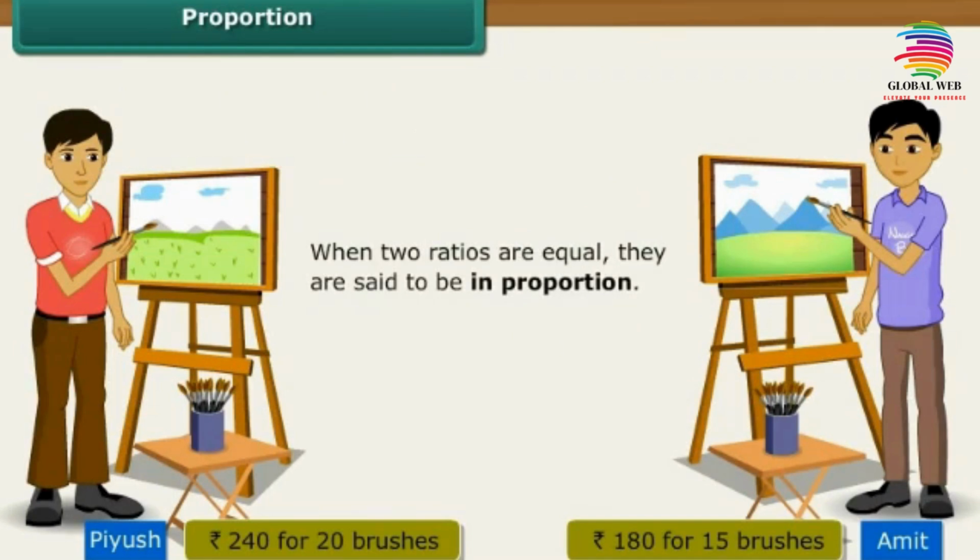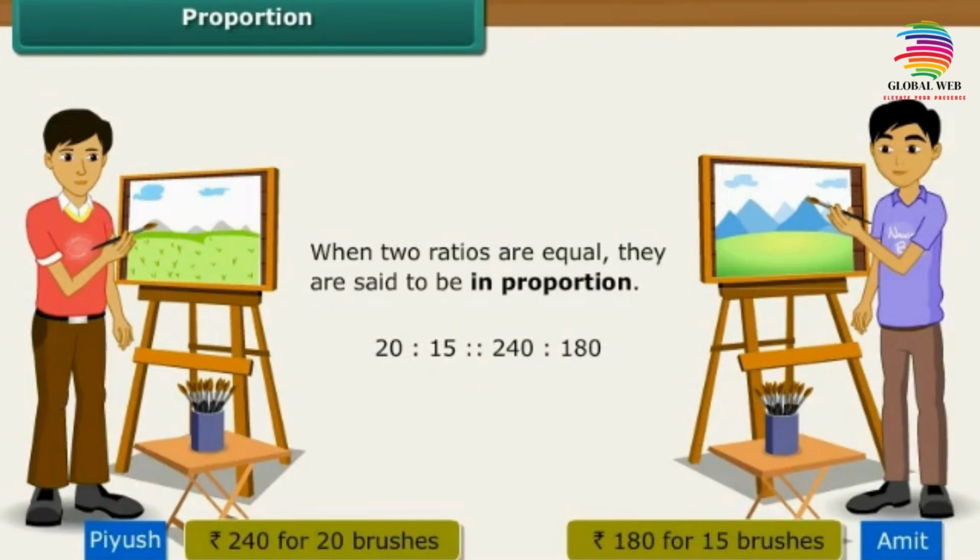When two ratios are equal, they are said to be in proportion. Ratios in proportion are represented as 20:15 proportion 240:180. This is the symbol used to denote proportion.